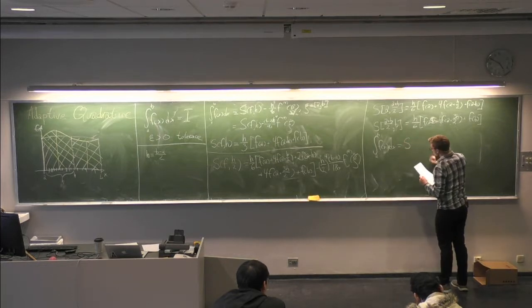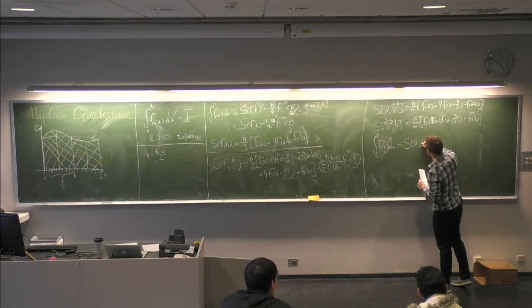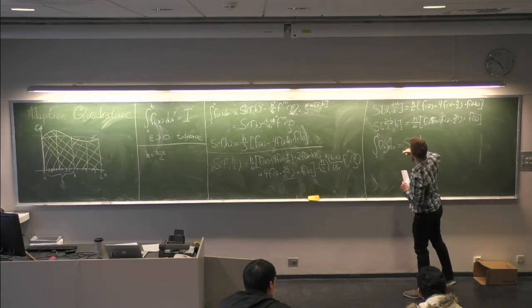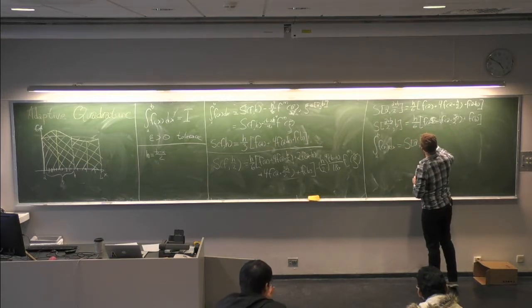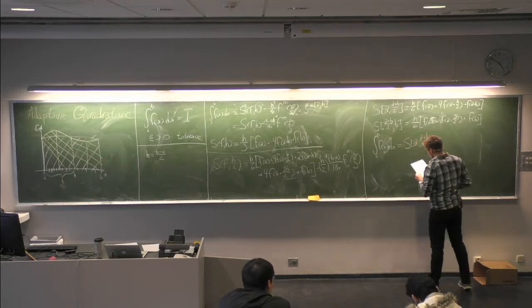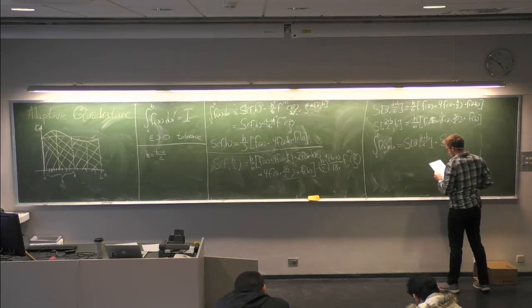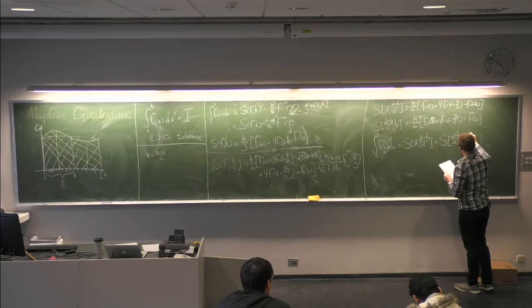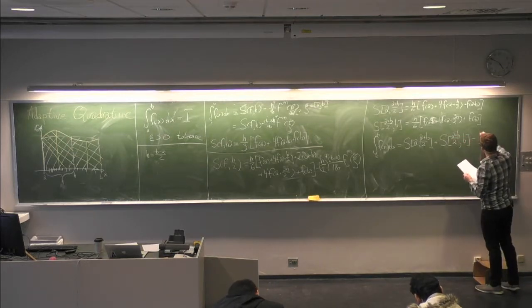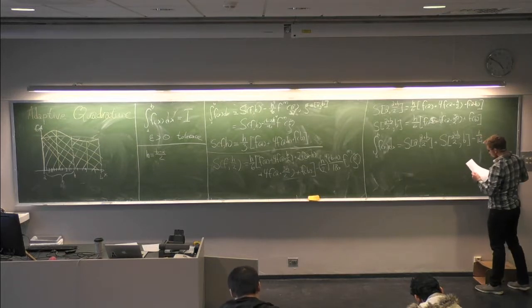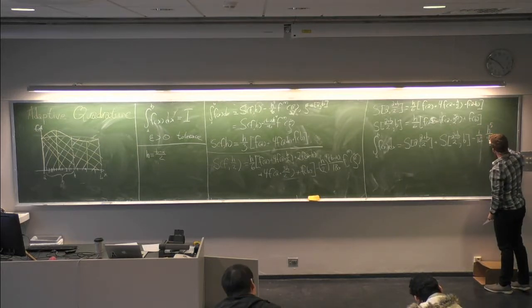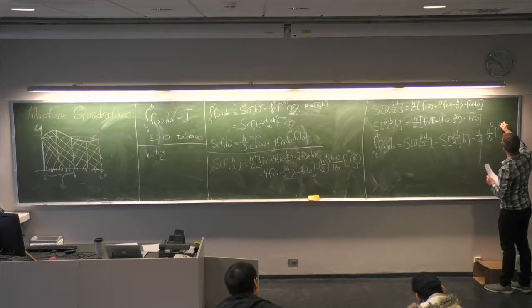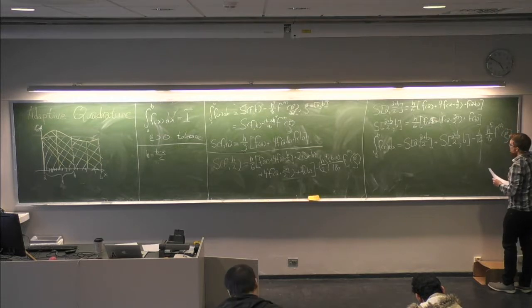So S of a, I just call it h, because this is this, 2 plus b, minus 1 over 16 times 90 f of this here.